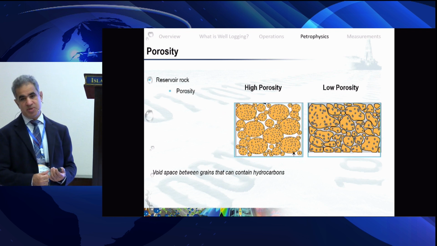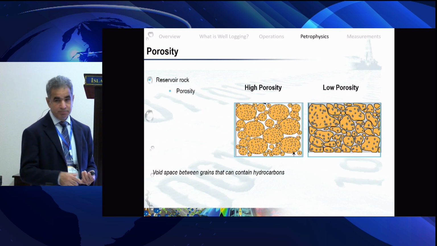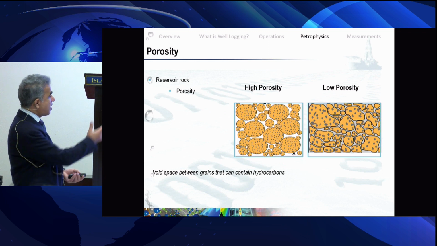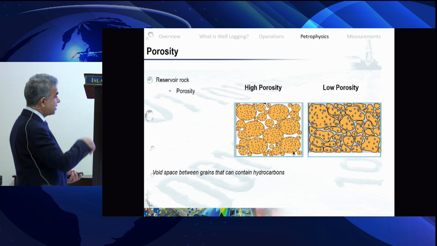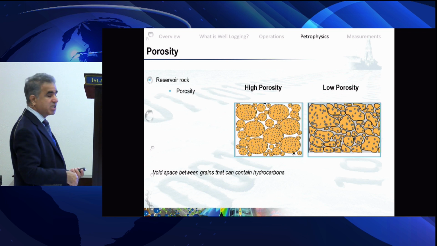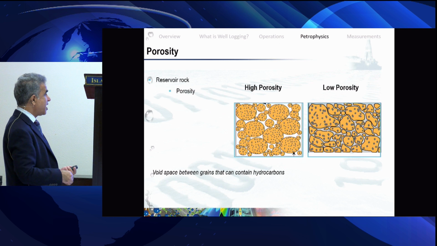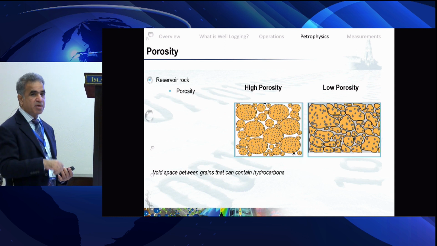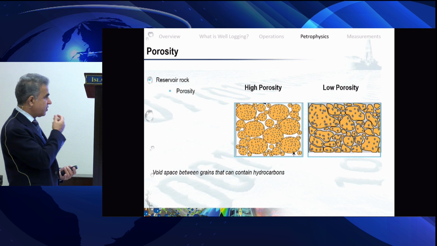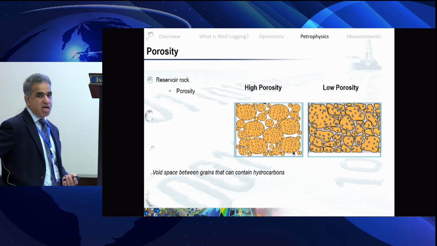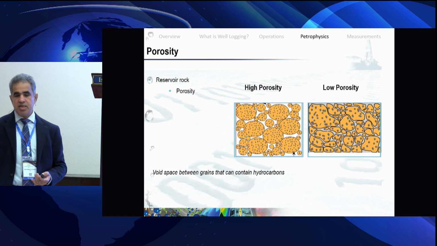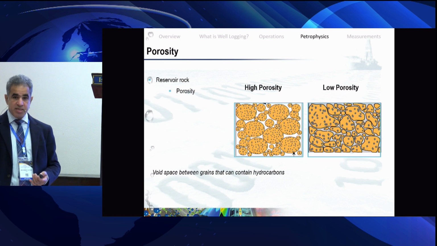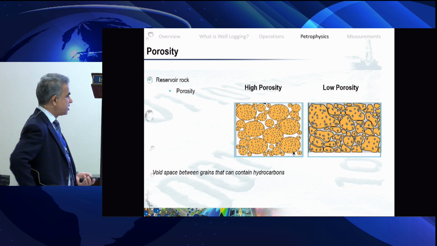How much porosity? 5 PU, meaning 5 percent. On the left-hand side there is more void space between grains, whereas there is less space in the right-hand side figure. So the void space we are interested in varies with the grain size and how the grains are packed or sorted. The porosity depends on all this.